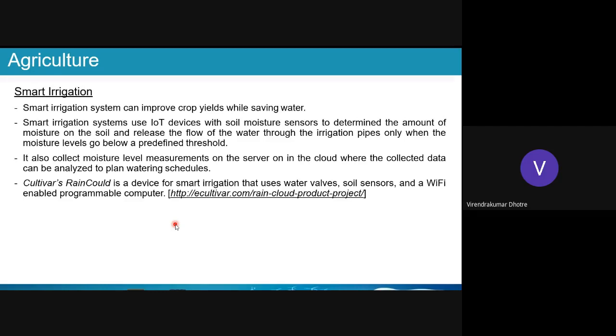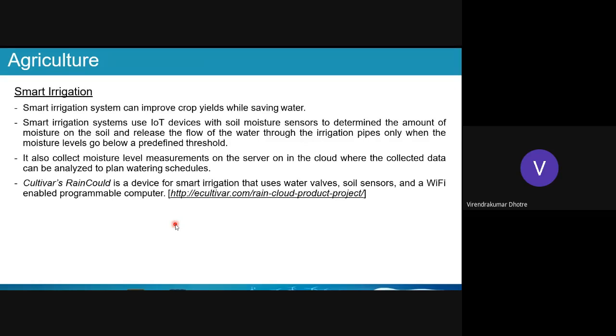A smart irrigation system uses IoT devices to measure the amount of moisture in the soil and releases the flow of water through the irrigation pipes only when the moisture level goes below a defined threshold. This is how the smart irrigation system works.